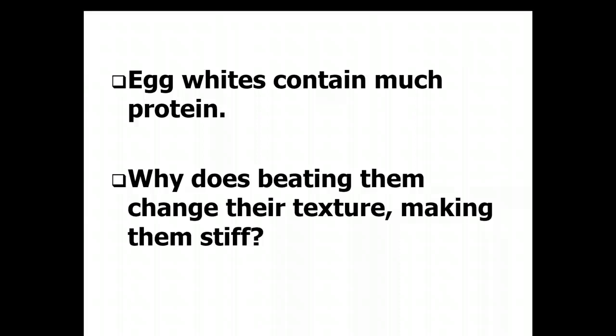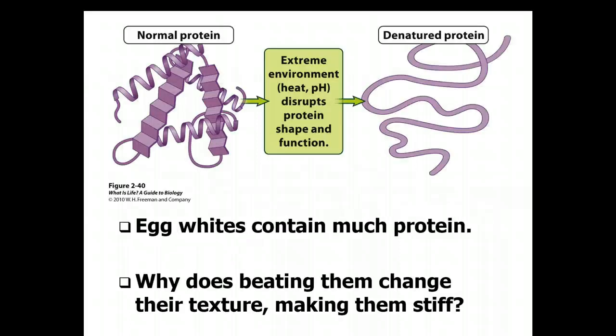Well, you're randomly breaking up the various proteins and taking them out of their natural shape and structure, disrupting them by this process. Normal protein has its normal shape according to the way that protein was designed, if I can use that way. Extreme environment, heat, or pH disrupts the protein shape and function, so we can denature it. So beating the egg will change its structure, add more randomness, and tends to thicken them up.